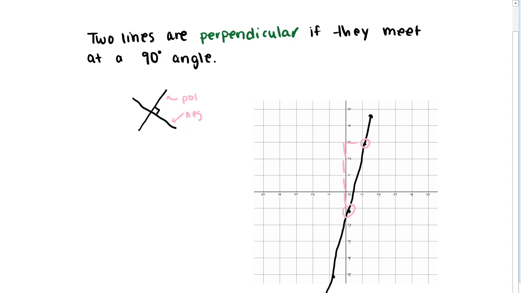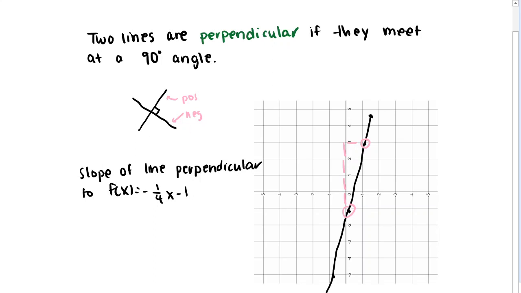And so here we're saying that the slope of the line perpendicular to f of x equals negative 1/4 x take away 1, the example we used earlier in this video, is positive 4/1.